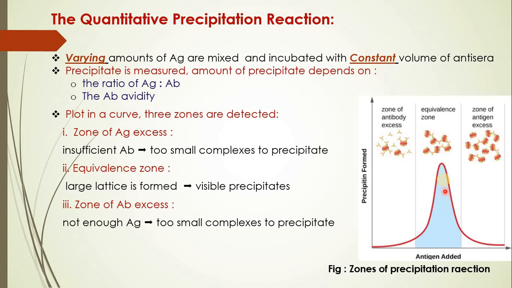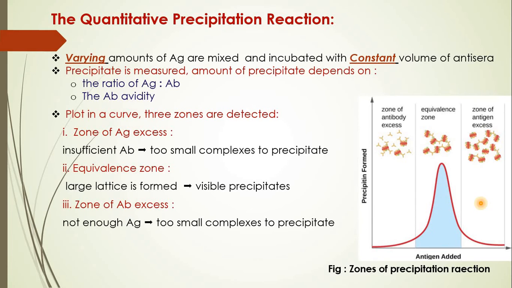What is the zone of equivalence? The middle one is defining the zone of equivalence. As the term equivalence says equity, it means that the amounts of antigen and antibody are sufficient enough to show interaction, and thus an observable antigen antibody complex can be formed, and this can lead to precipitation.